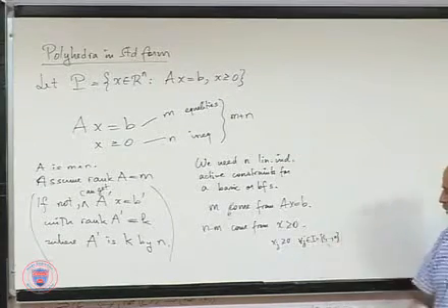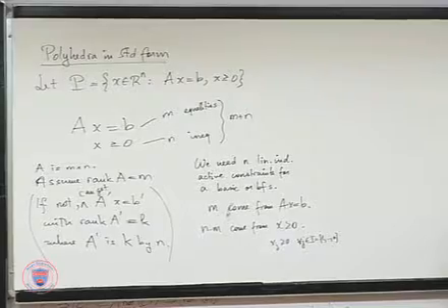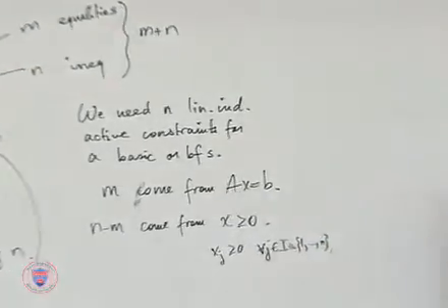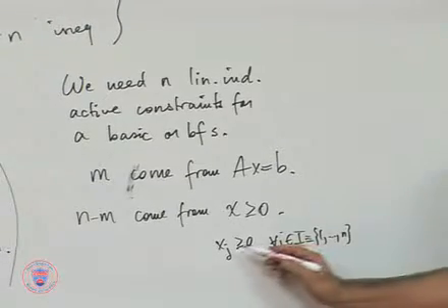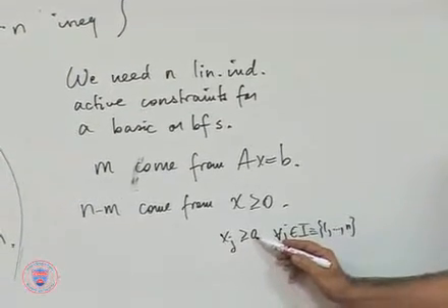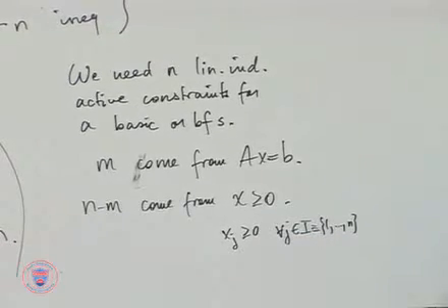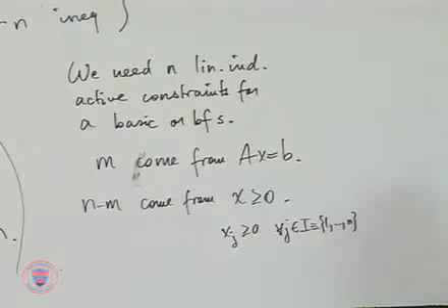So let's just define I to be that set. If you take xj greater than or equal to 0 as an active constraint, xj becomes 0. That's it.